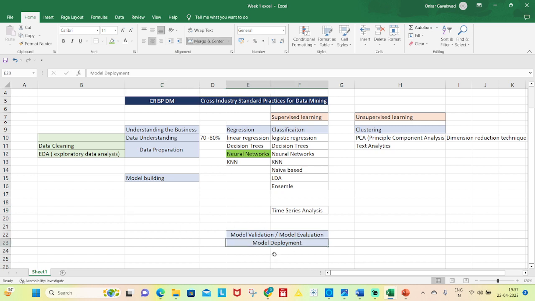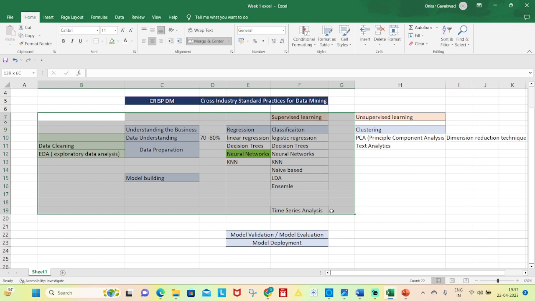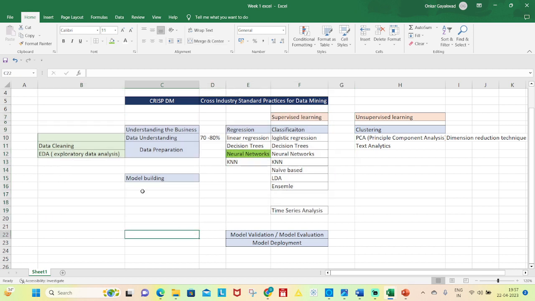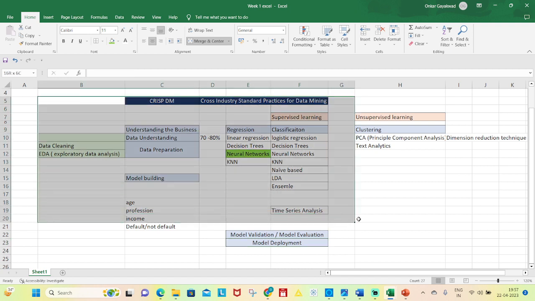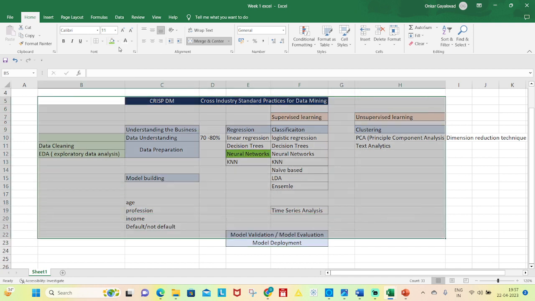The IT team puts the model which you have recommended in a basic portal wherein the bank customer has to just enter his details, maybe the age, maybe his profession, maybe his income and other variables or columns, and in a few seconds he will get a result if he is a default or not default. The model will predict this. This is what comes under model deployment. However, the data scientist's work is limited to this.